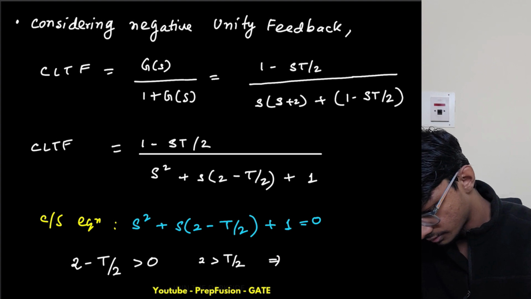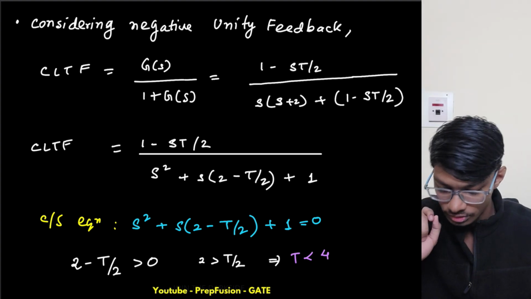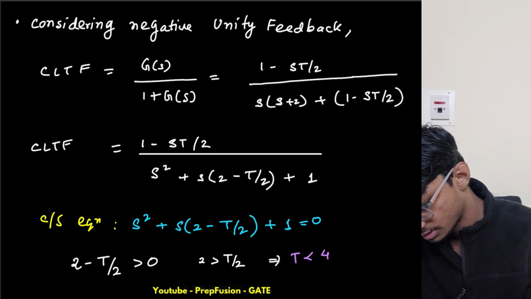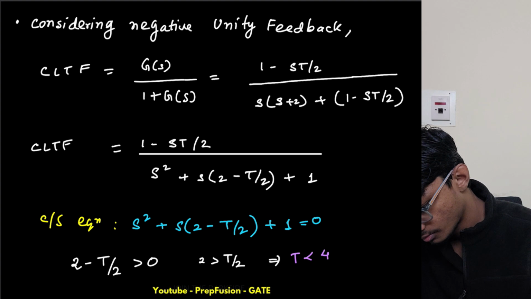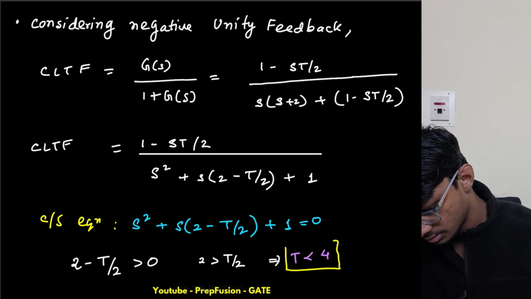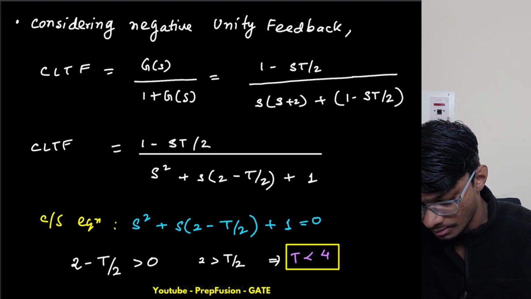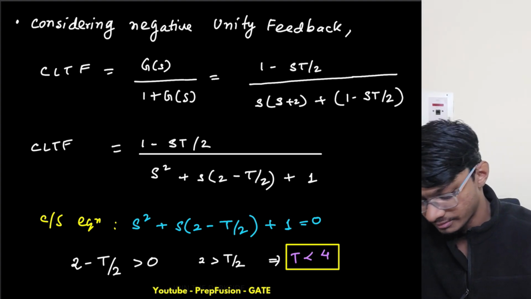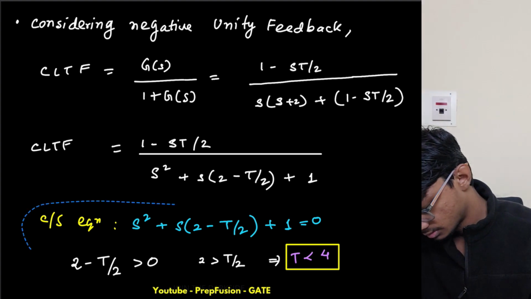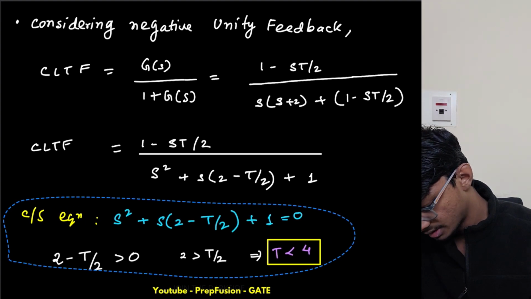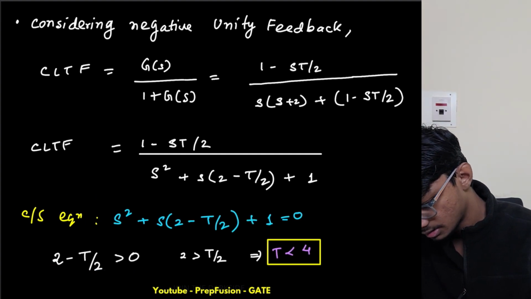T should be less than 4 basically. Okay, so this is my condition, this is the answer. So for the system to be stable, capital T must be less than 4.